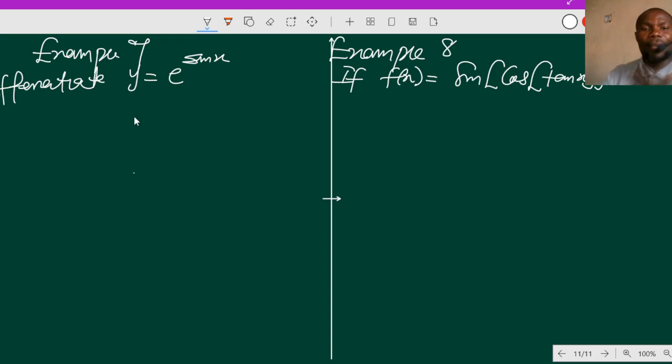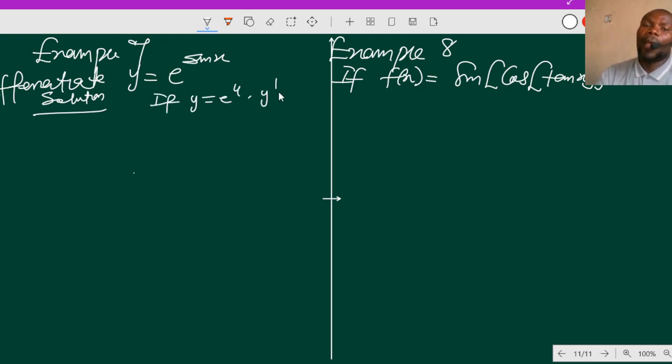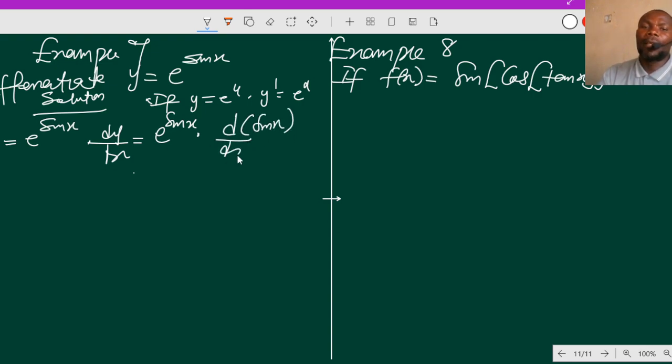So in example 7, the first thing I want you to know is this. If y is equal to e raised to power u, y prime is the same thing as e raised to power u times u prime. So if our y is equal to e raised to power sin x, then dy/dx, if you differentiate, will give you e to the sin x dot the derivative of sin x with respect to x.